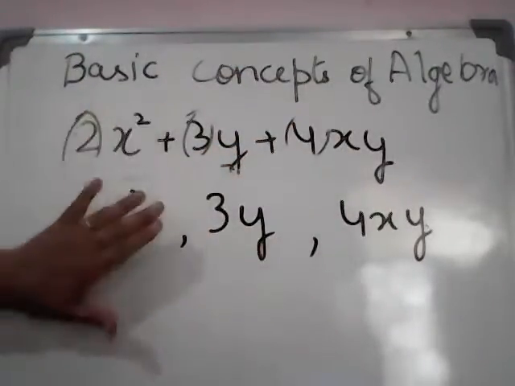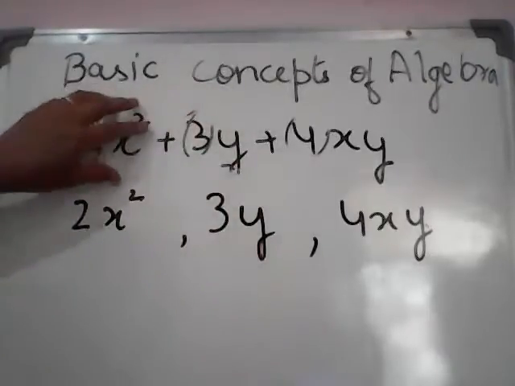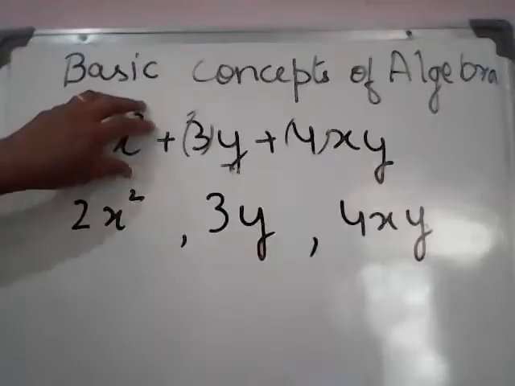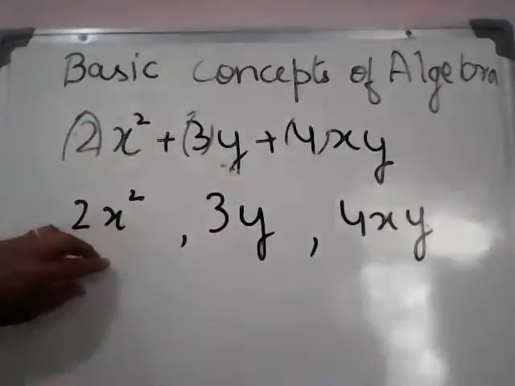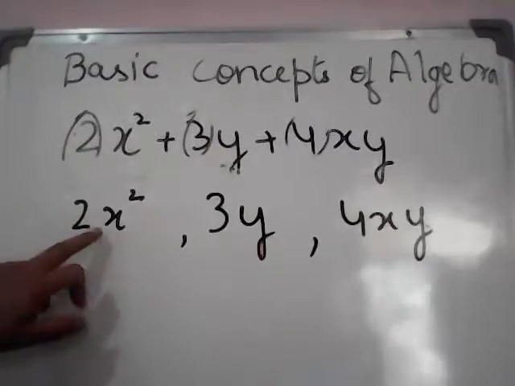Here we can have minus also. So if a few constants and variables are separated by a plus or minus sign, they are considered one term. And in between them, we can have multiplication and division signs.